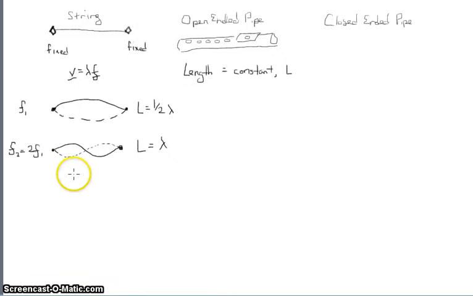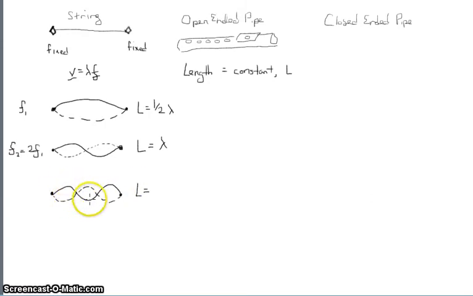As we keep going through this pattern and increasing the frequency, the wavelength will get smaller and smaller because the medium doesn't change, therefore the speed doesn't change. The next standing wave pattern that's going to exist has 3 loops. Each loop is a half wavelength.